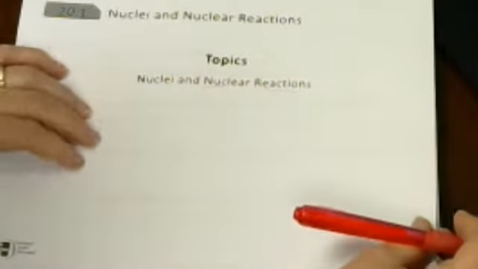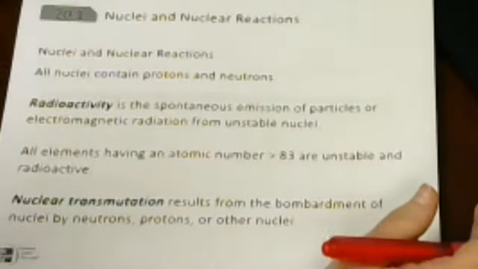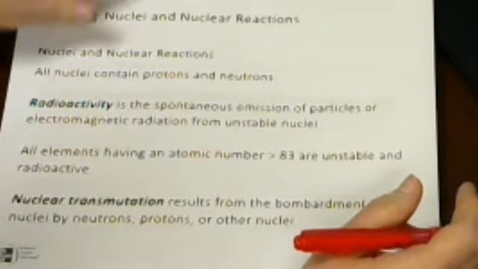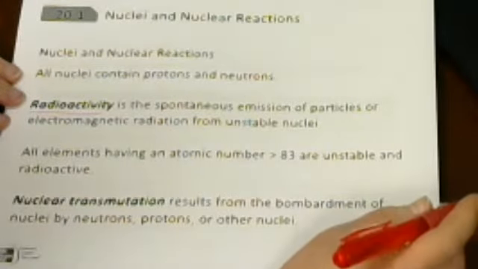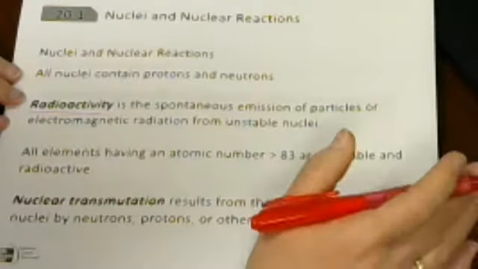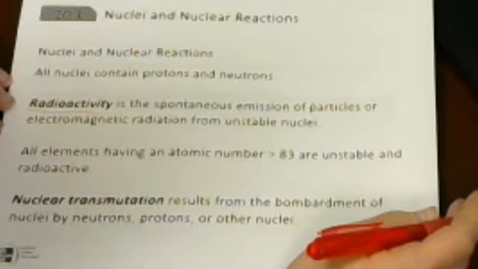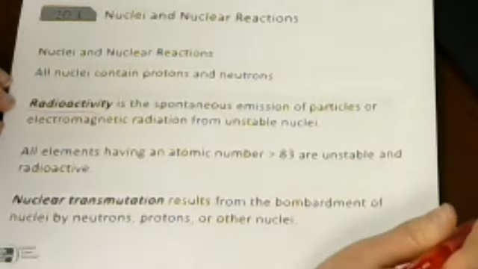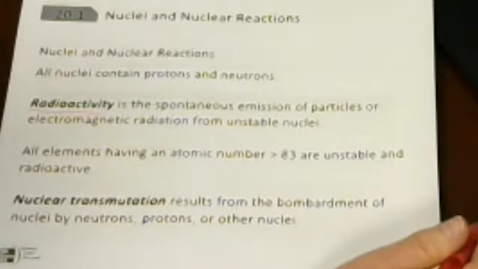In your textbook, this begins on page 916, and let's compare the two. First of all, you need to know what radioactivity is. We know that nature wants to be stable. That's just the bottom line. Water seeks its own level. You've heard that. Stability is where it's at.